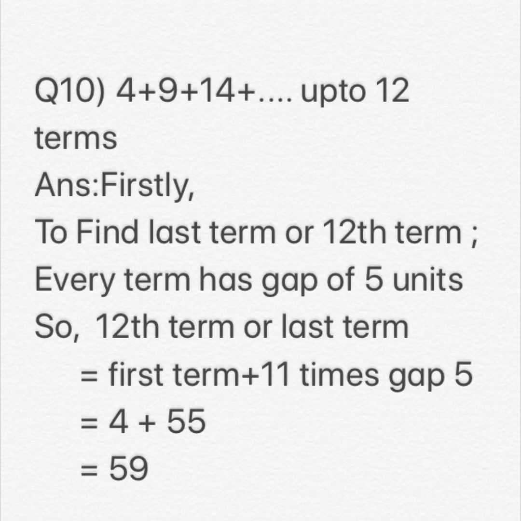Every term has a gap of 5 units. You may observe it from the series. You may subtract a term and its previous term to get the difference, the common difference, what we call the gap. So that's 5 units. Say 14 minus 9 is 5, 9 minus 4 is 5. Now, moving on to find the 12th term or the last term.